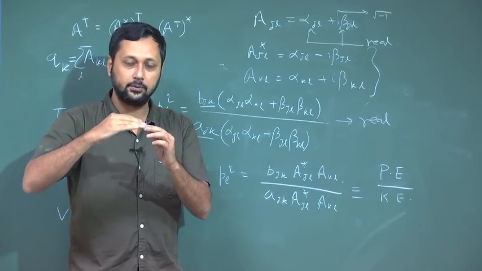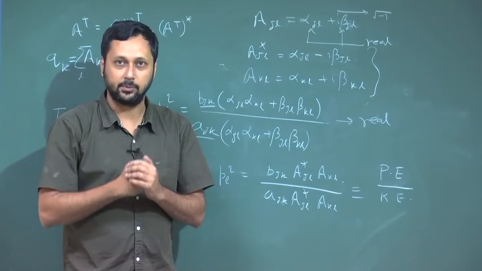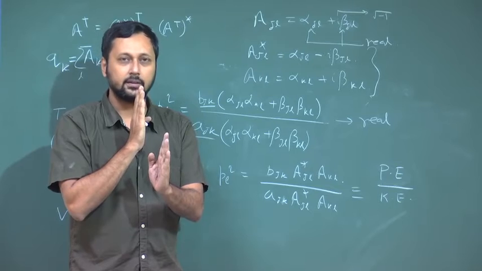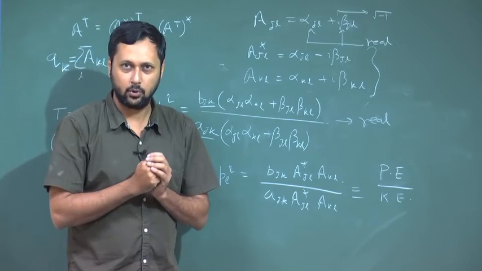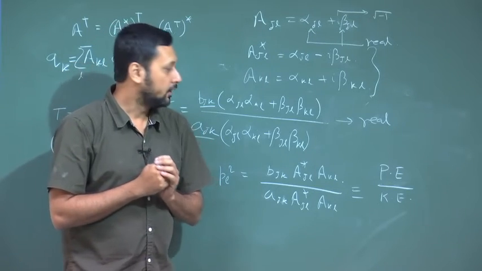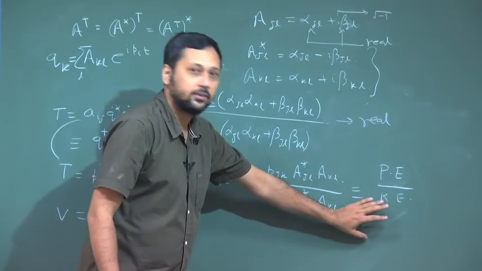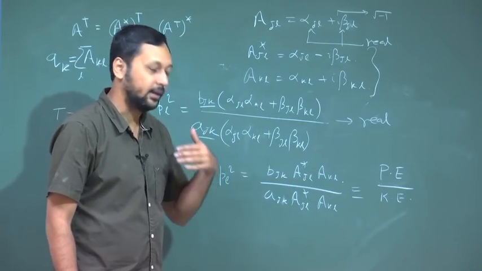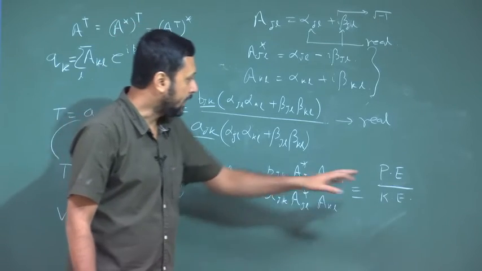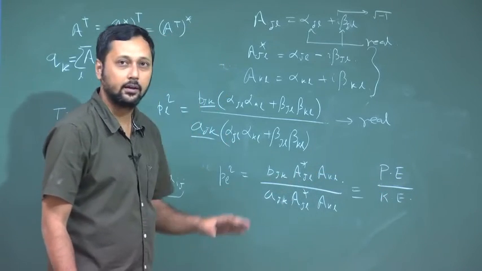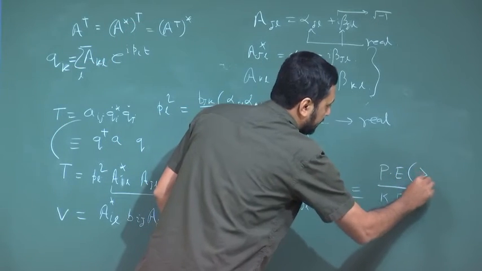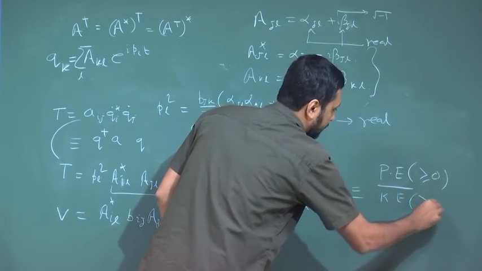In the case where the system stays exactly in the middle, it is a 0 potential energy case. So, the denominator of this expression has to be greater than 0, and the numerator is greater than or equal to 0.